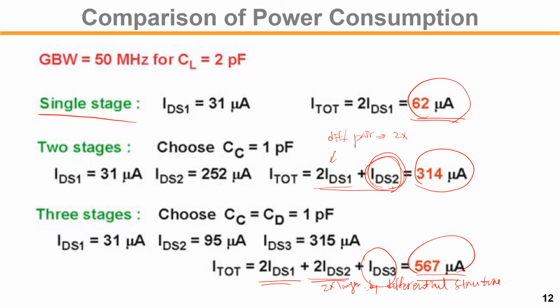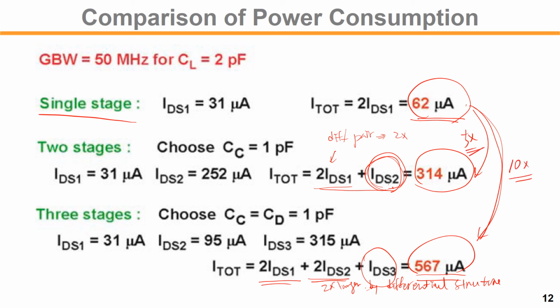So if you compare the current level from the single stage implementation, second stage and third stage implementation, you can see that obviously it is almost 5 times here and almost 10 times larger here, right?